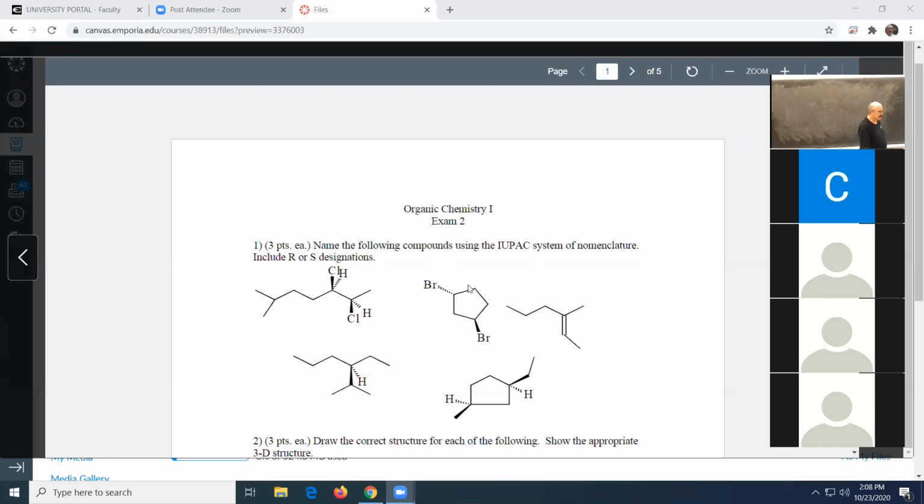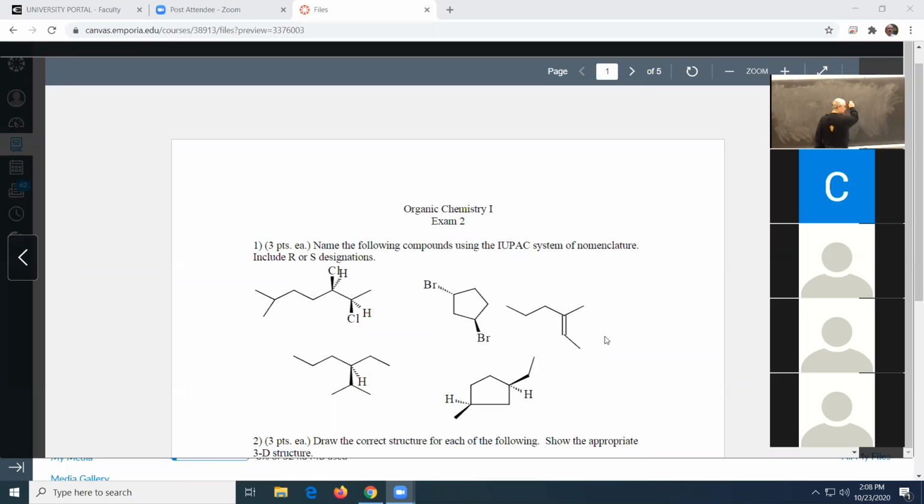Here our longest chain is 1, 2, 3, 4, 5, 6. So that's hexane, and with the double bond, it becomes hexene.